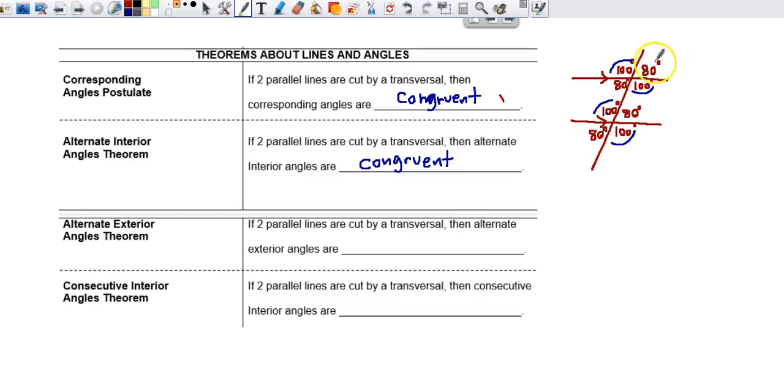Alternate exterior, or the 80s on the outside. They're congruent. In fact, all three of those are congruent, but the only one that isn't, the same side ones, let me write that on here. The same side ones are actually supplementary. They're going to add to 180. So that's kind of the oddball there, but they come up a lot, so you want to understand that.